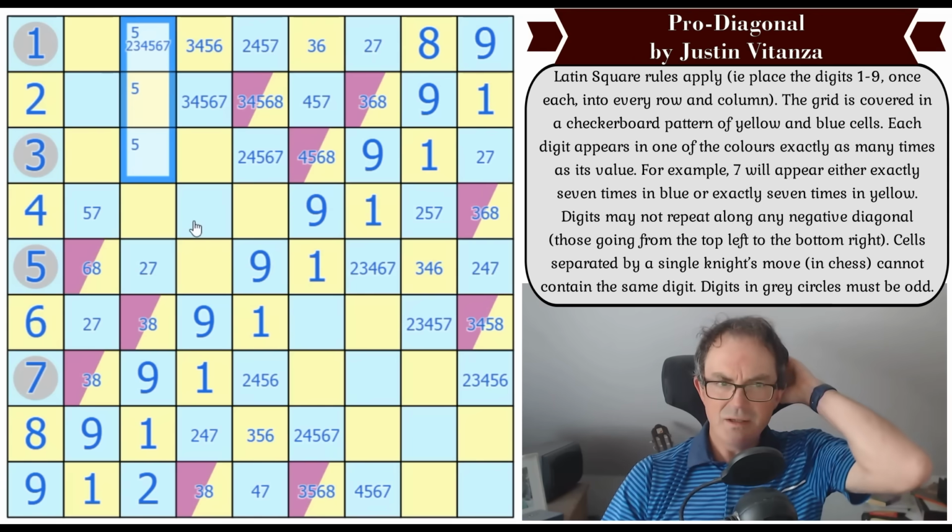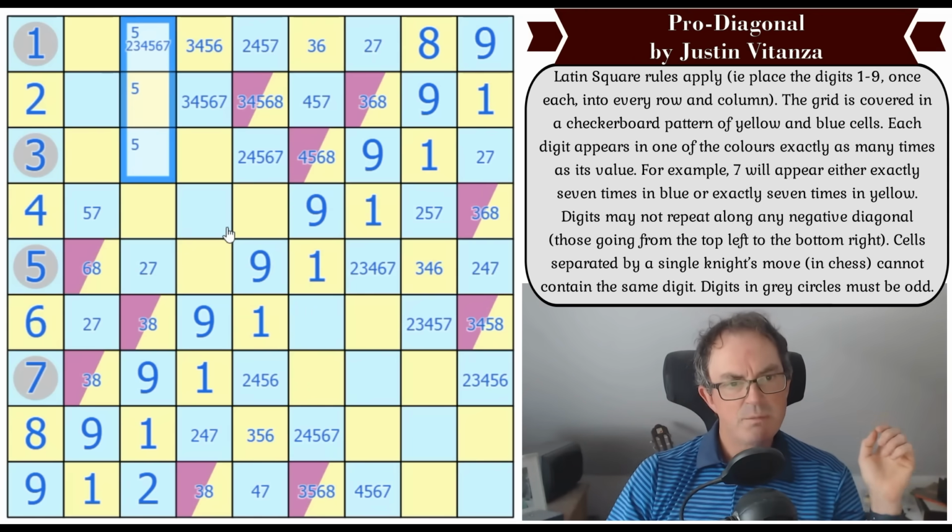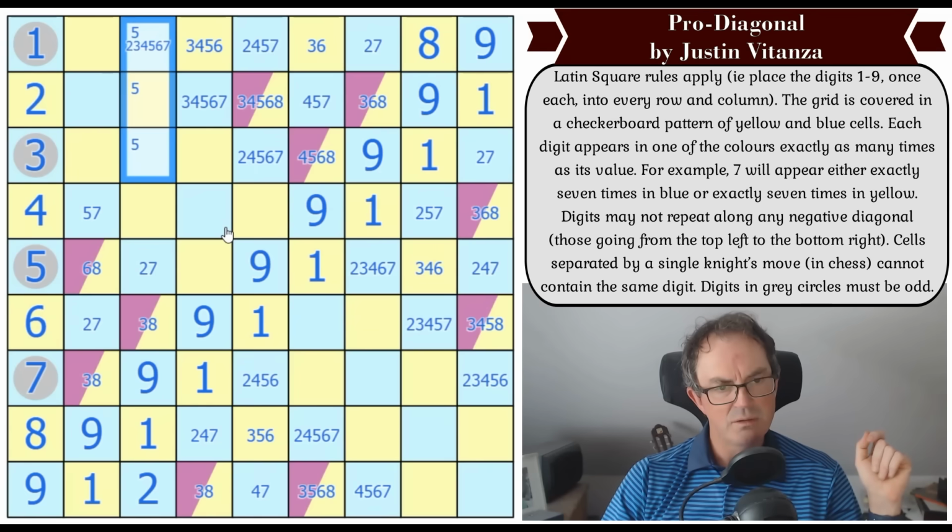I don't think it does matter though, because of the ability to repeat things on the positive diagonal. I don't think it matters. I'm not sure, but I don't think it matters.